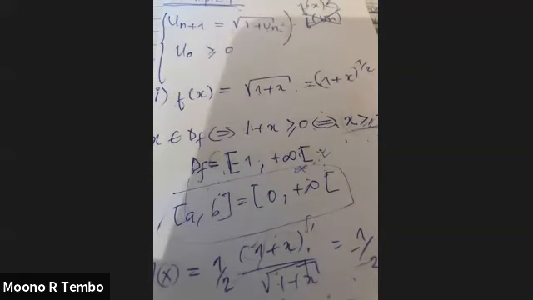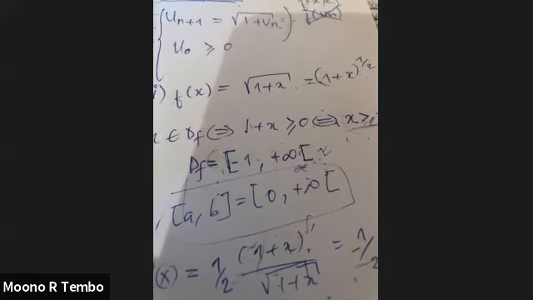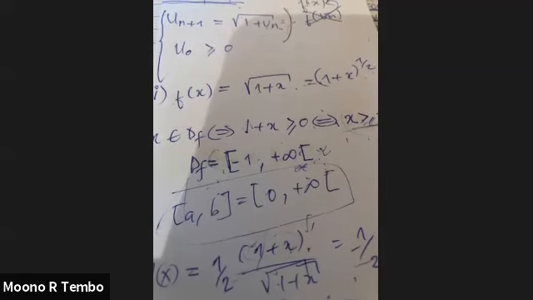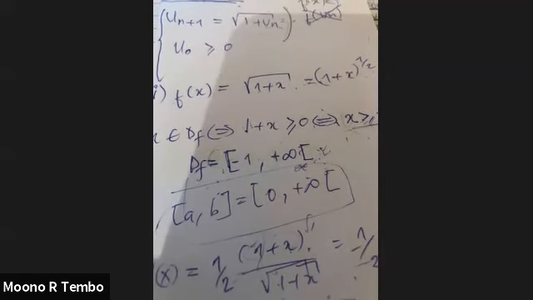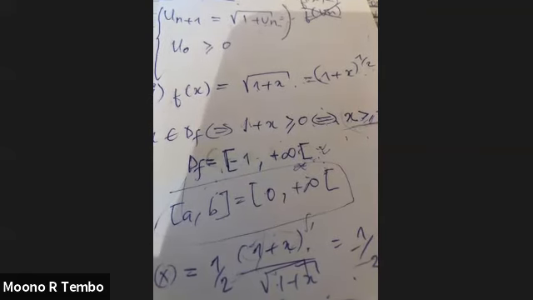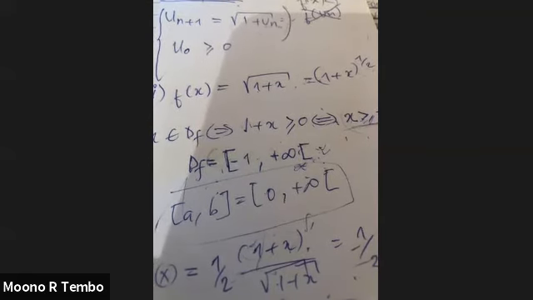Everything should be to the power half, because the square root is also the power of half. After you simplify, you only get what is in your square root.